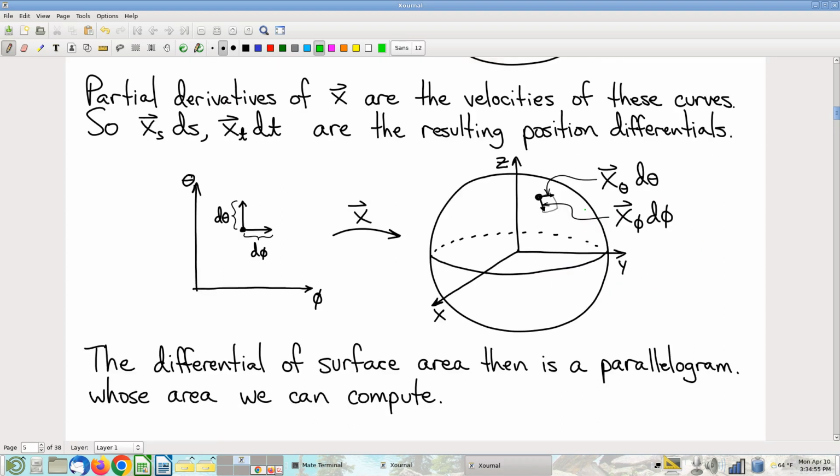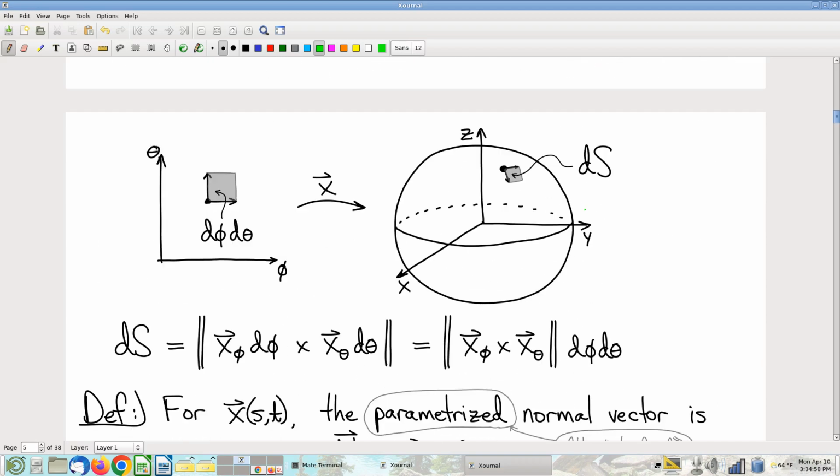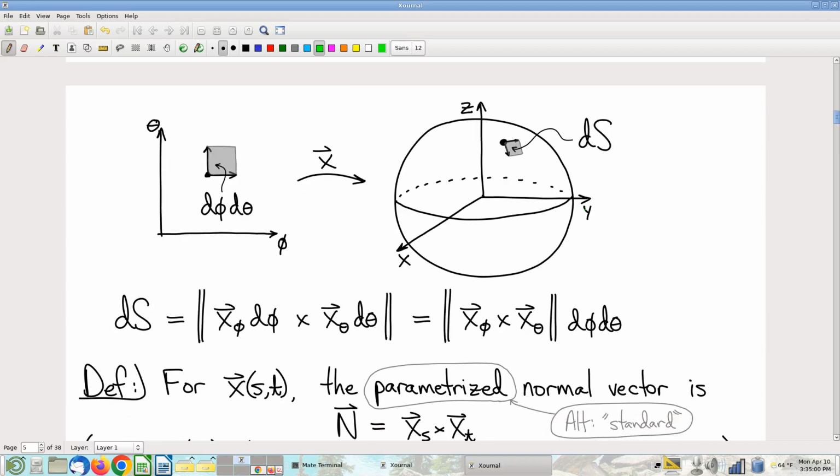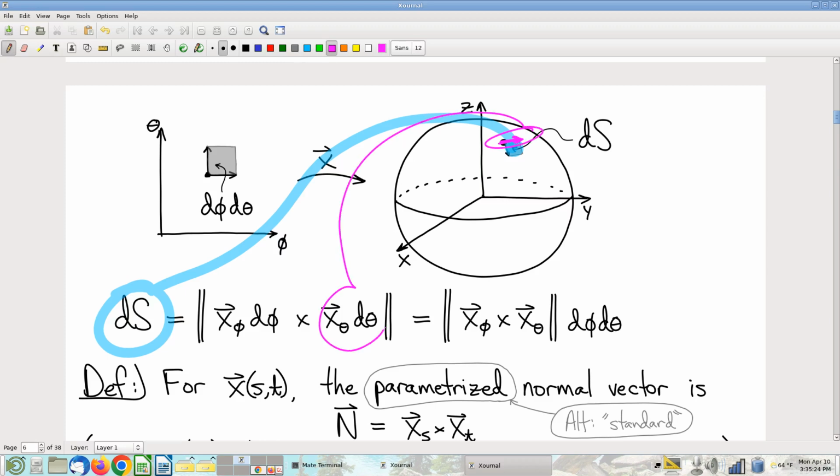All right. So now, with that in mind, we are fully armed to be able to compute this area right here, this little piece of output area on our surface. How are we going to compute that little piece of output area? Well, it's approximately a little parallelogram, and I know its edges. I know, for example, this edge right here, that edge is x theta d theta, per the calculation on the previous page.